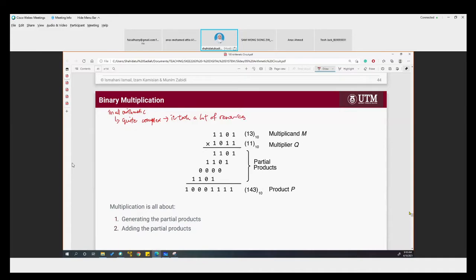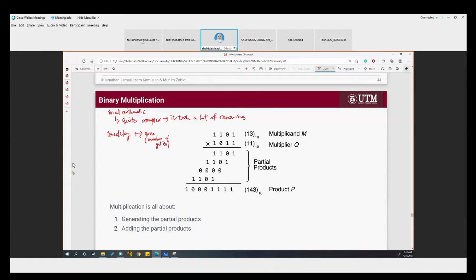So what kind of resources? It's the trade-off between time delay and area. The size of the circuit means the number of gates.